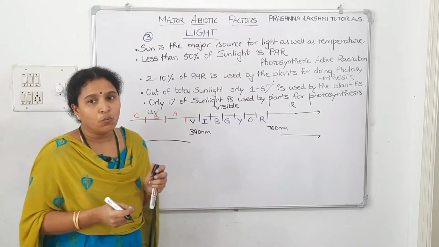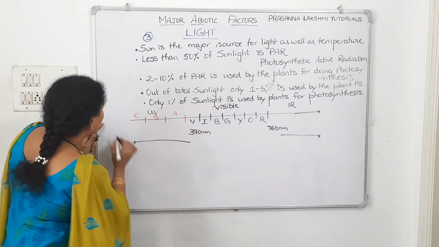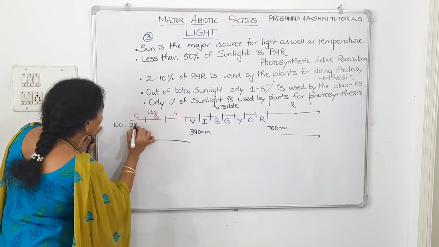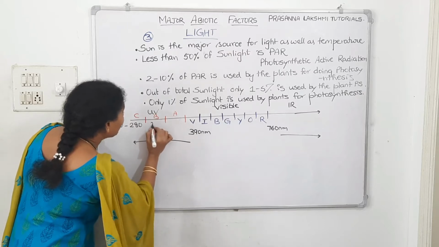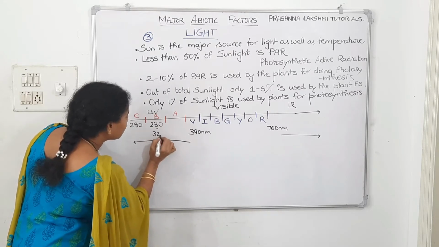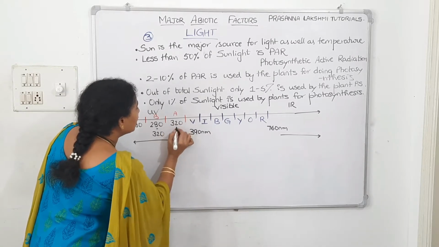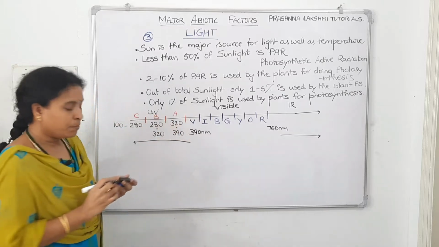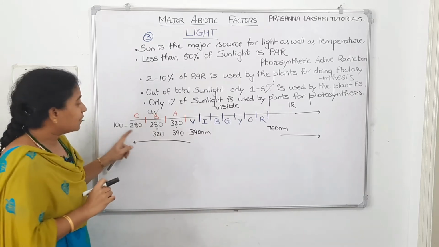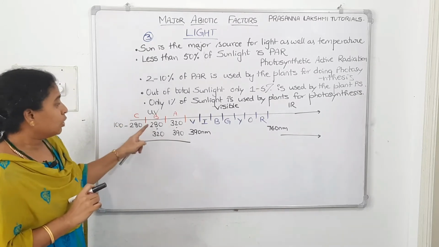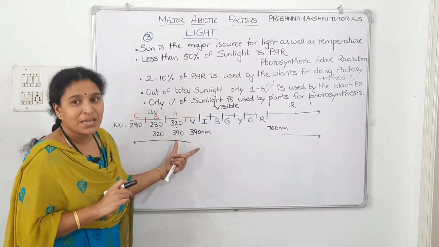UV radiation is from 100 to 390 nanometers. 100 to 280 is UVC, 280 to 320 is UVB, and 320 to 390 is UVA.